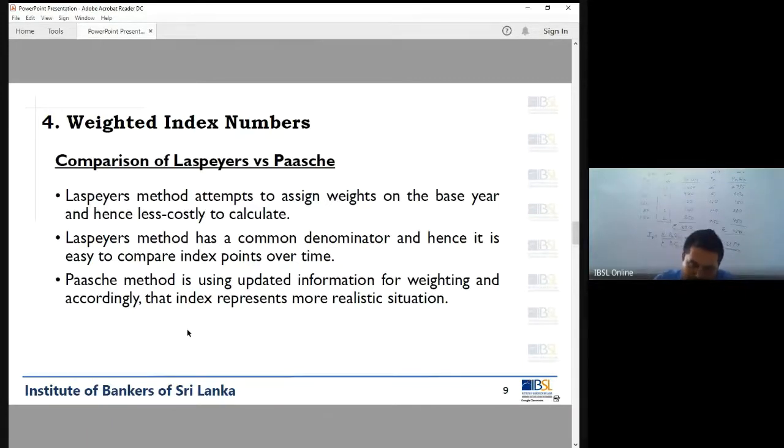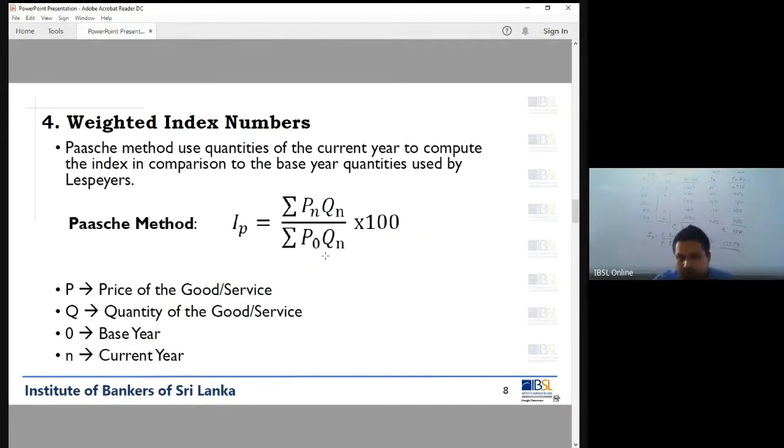If you look at the Paasche method's computation, what it does is that for the quantity that you're consuming right now, you are doing the sum product of the historical prices and the most current prices, and do the math to get the Paasche index point.